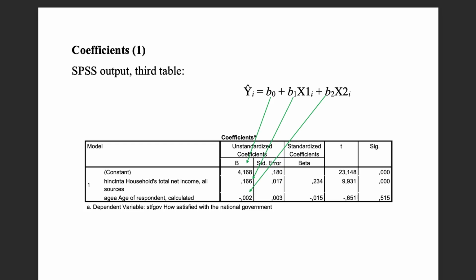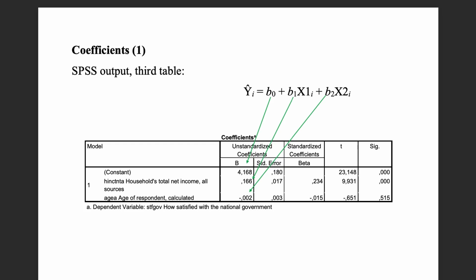So that's the predicted value if all our independent variables are at their 0 value. So for a person with income 0 and age 0, the predicted value is 4.168 points on satisfaction with the national government.